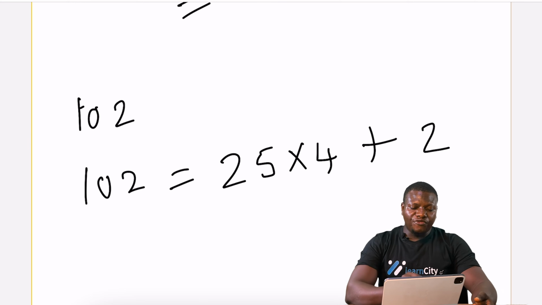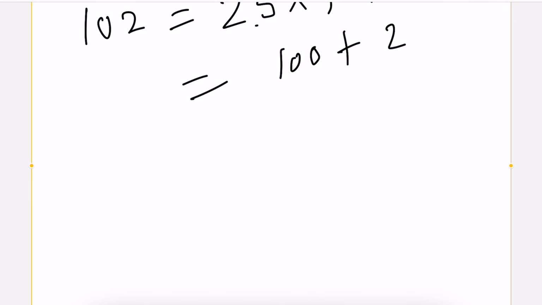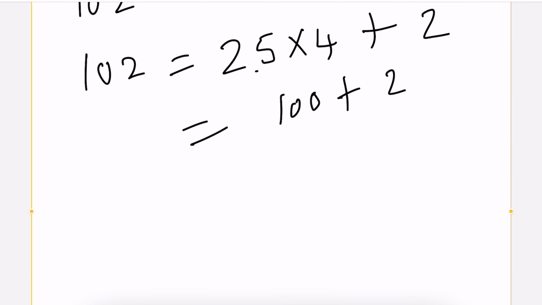Our 4 will go into 102 25 times and give us a remainder of 2. So 25 times 4 gives 100, plus 2. Now 100 is a multiple of 4, so we forgo 100, and our answer is 2 mod 4.